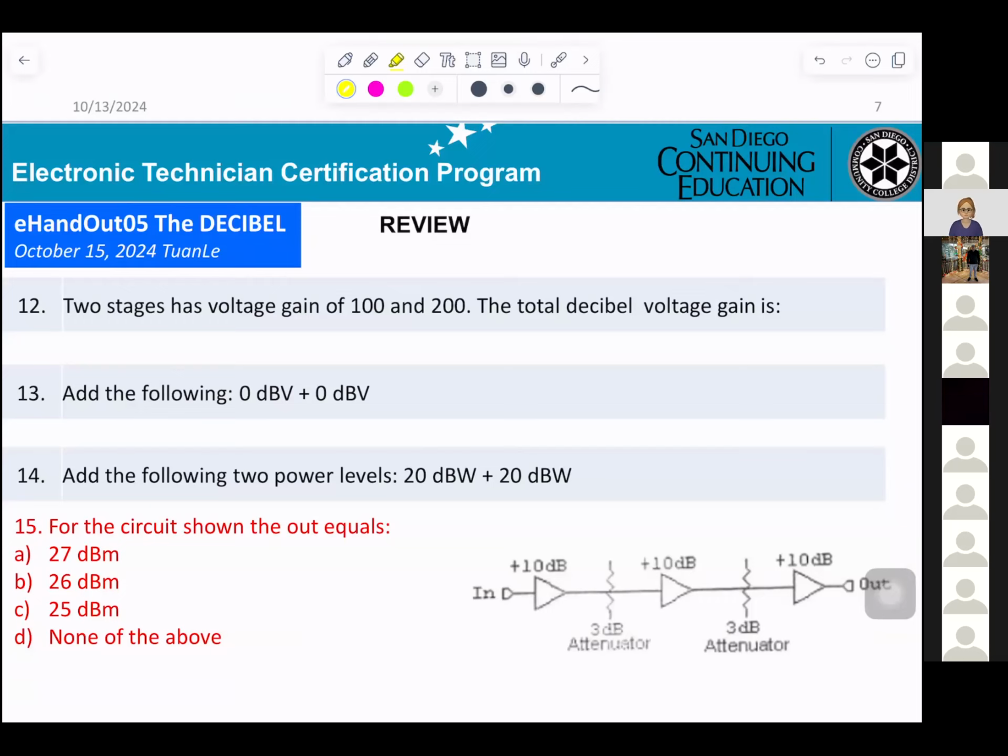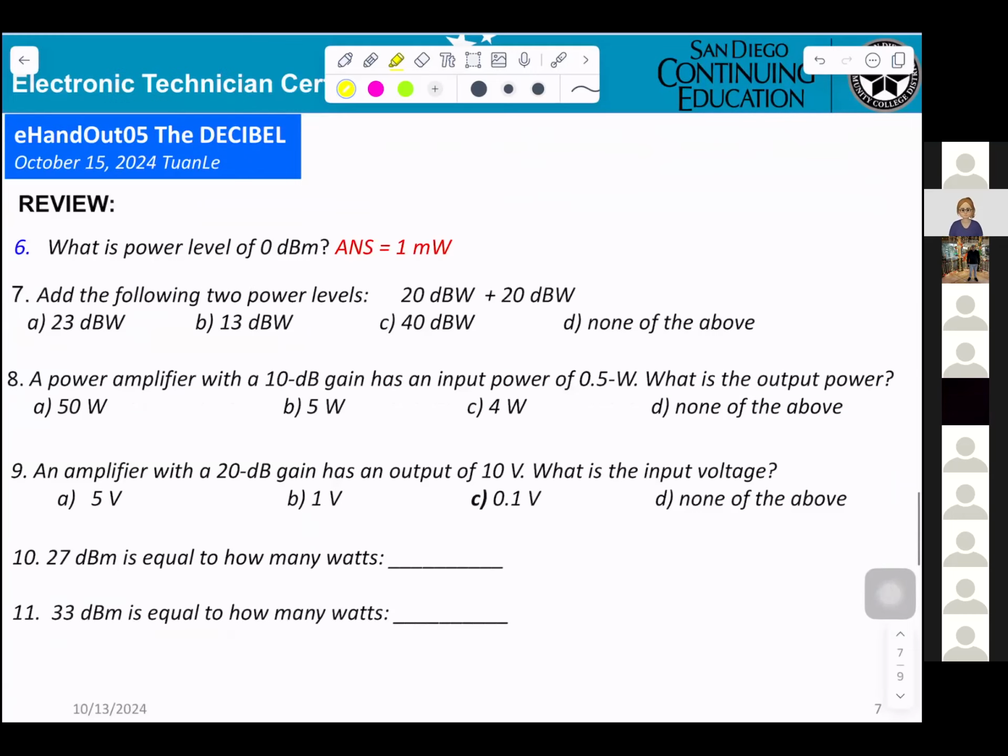Same thing, add 20 dB watt to dB watt, same thing. You cannot add dB watt. You have to convert dB watt to watt, then add the watt, and convert it back to dB watt.